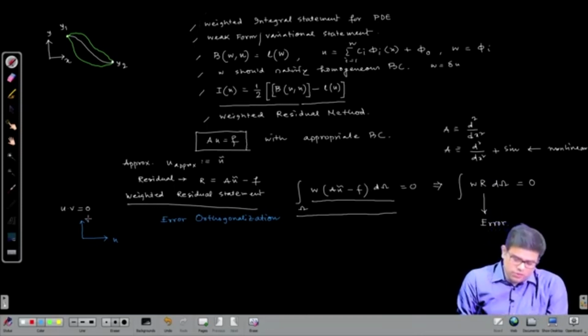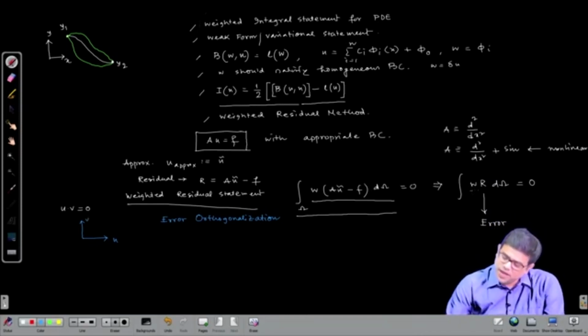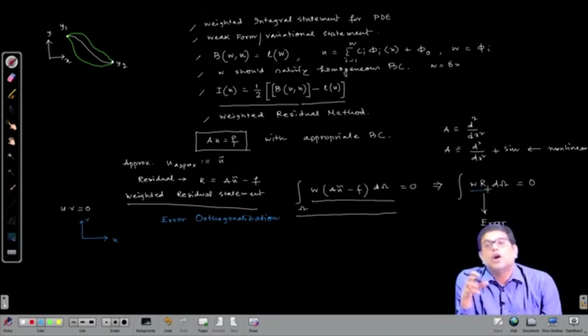That's why we say the two vectors are orthogonal. So this concept is very similar to this, that we try to make the error the complement to its solution space.